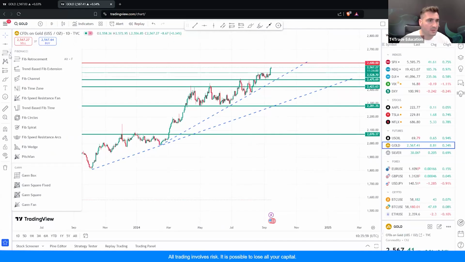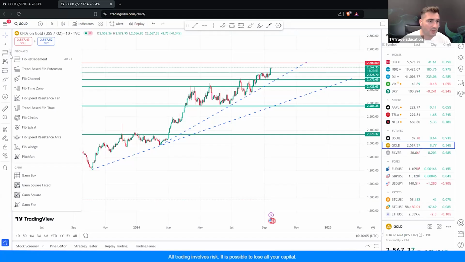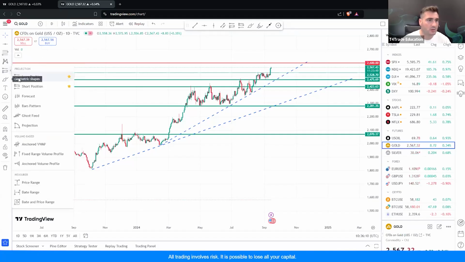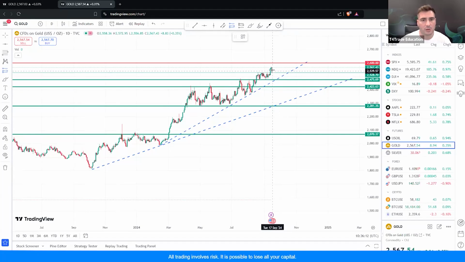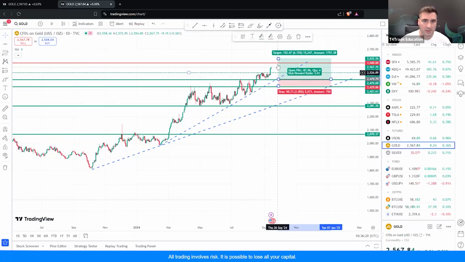And let's just do a quick showcase of how you can play this. Where is the order's long position? Okay, so maybe you expect the price action to fall back once again into this area where you're going to go long. Let me explain what I mean by this.